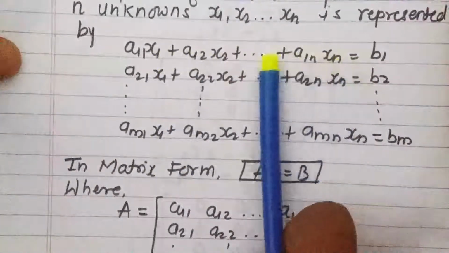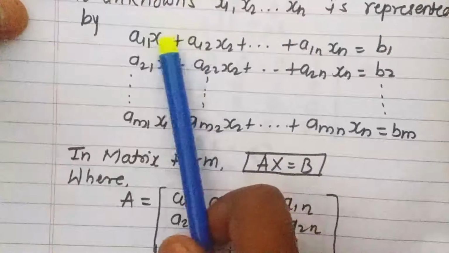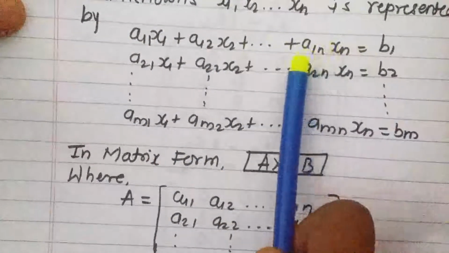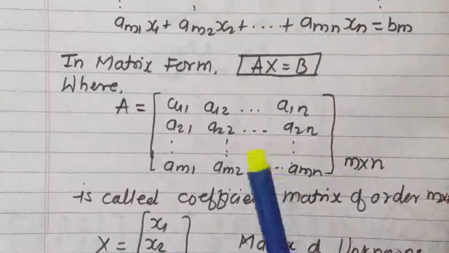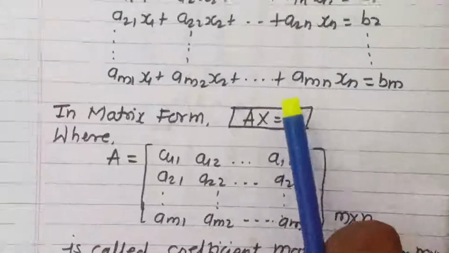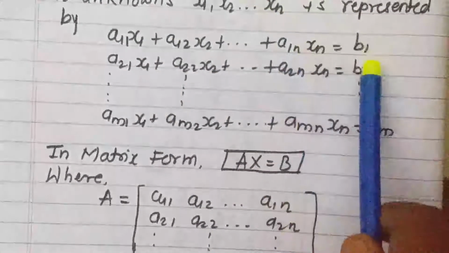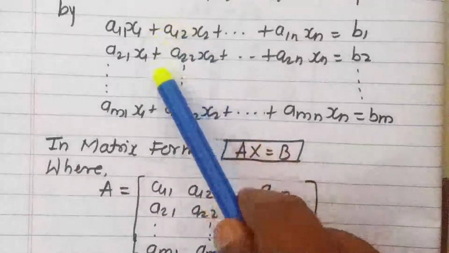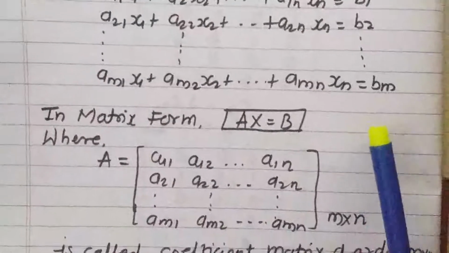Every unknown in every equation has some coefficient, starting from the first equation a11, a12. When you write these coefficients in a matrix, it is called the coefficient matrix. Its order is m by n, because we have m equations, so m rows, and n unknowns, so n columns.